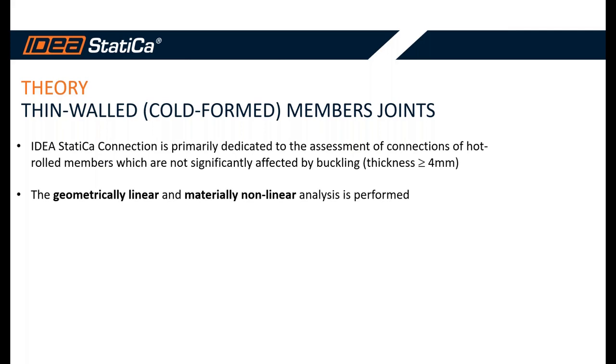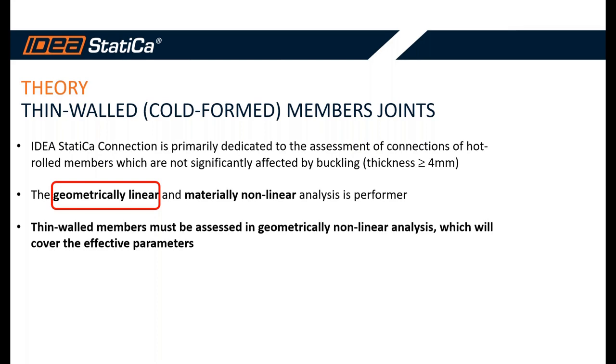The geometrically linear and materially non-linear analysis is performed in our application, and that is the most important thing: geometrically linear. Thin-walled members actually must be assessed by geometrically non-linear analysis, because this analysis can take into account effective parameters of the thin-walled members.